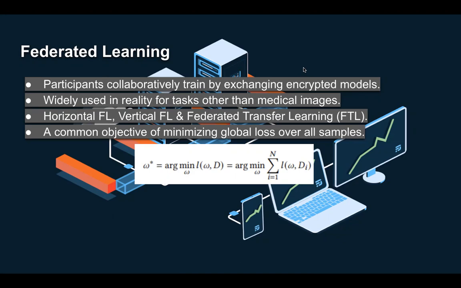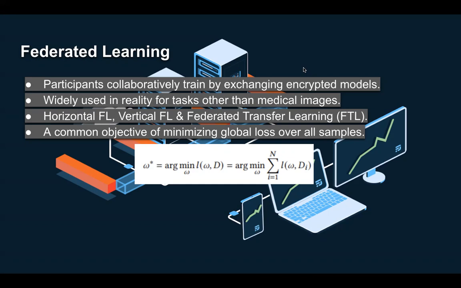Then all the participants will train on their local private data and update the model to the server again. For communication efficiency, only a subset of the participants will be selected to update their models. Federated learning is now widely used in reality for tasks other than medical images.